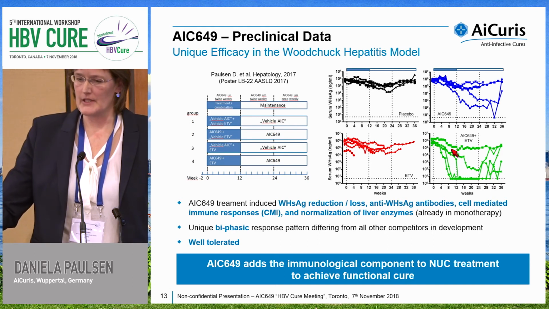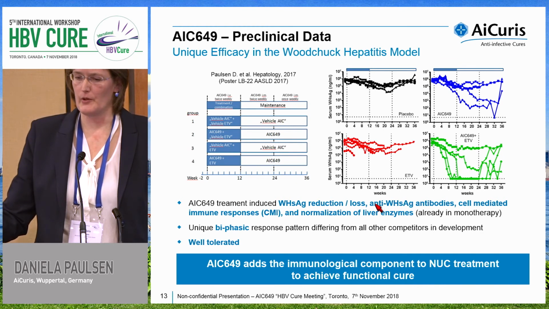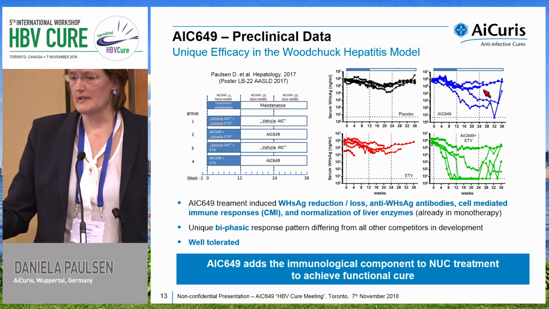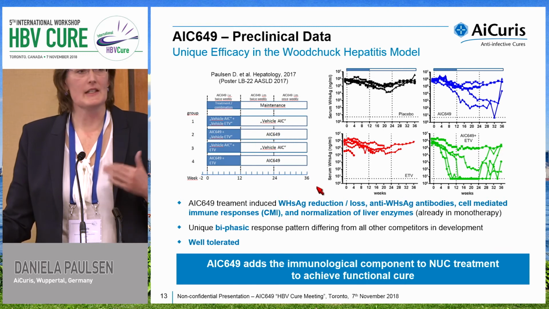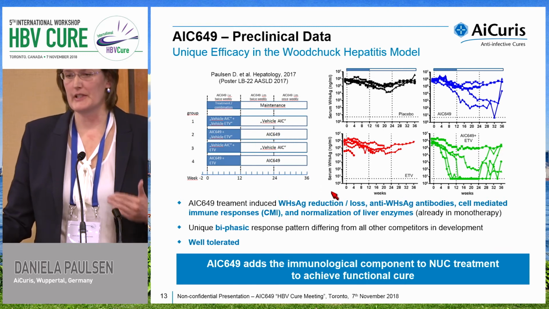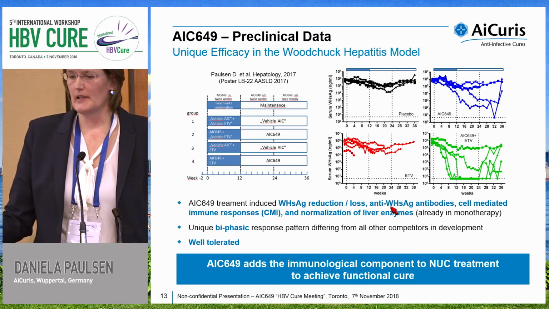So this is only the data for S, but we were also able to show development of anti-S antibodies in this group, in the combination group, as well as in the 649 alone group. And also only in these 2 groups, we were able to see cell-mediated immune response, CMI, as well as normalization of liver enzymes. So meaning it is a complete cascade which is initiated and completely going in the right direction.